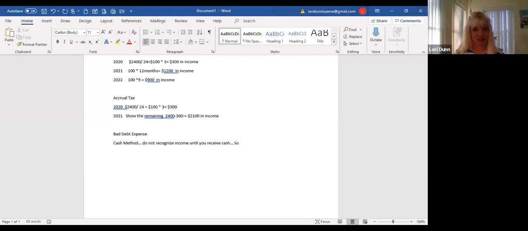So if you didn't receive income and show it on your tax return, then you don't have a bad debt. So if you're a cash method taxpayer, there's no such thing as bad debt expense.